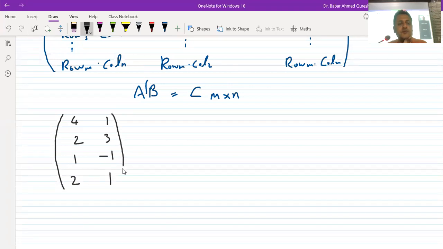So I have a 4×2 matrix, and I'm multiplying it with, I don't want to do big numbers, with this.